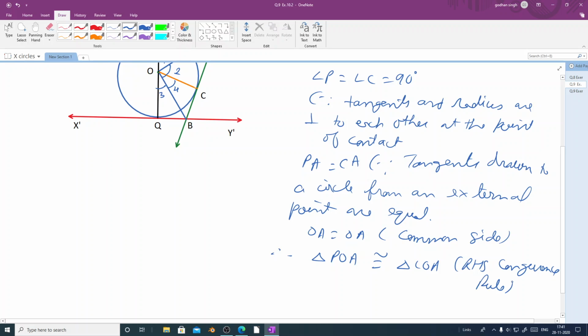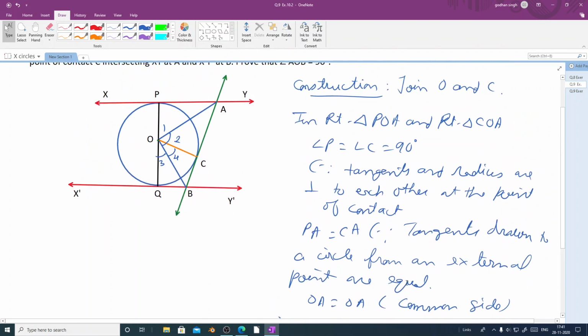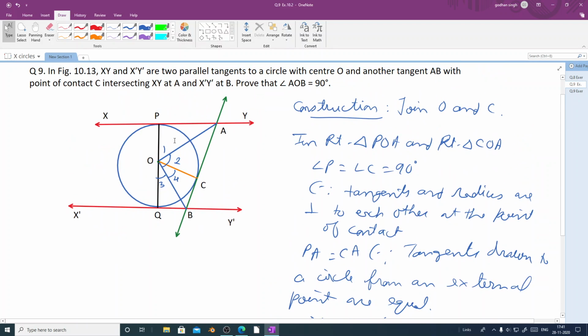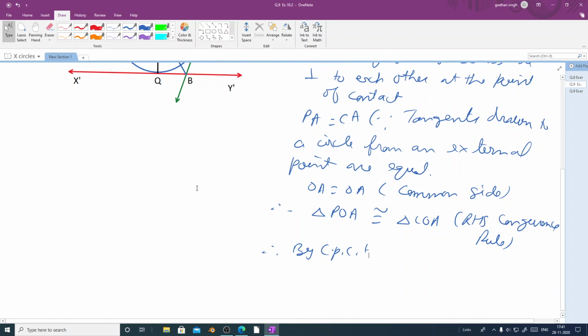So, therefore, by CPCT, that is corresponding parts of congruent triangles, angle POA is equal to angle COA, or we can say that angle 1 equal to angle 2, and let this be equation number 1.